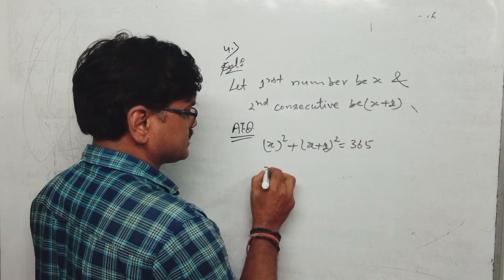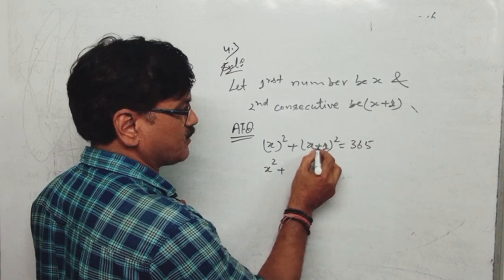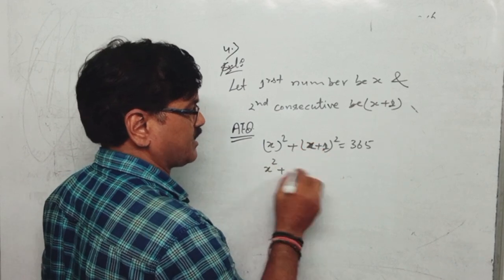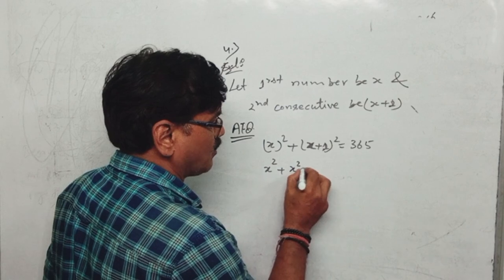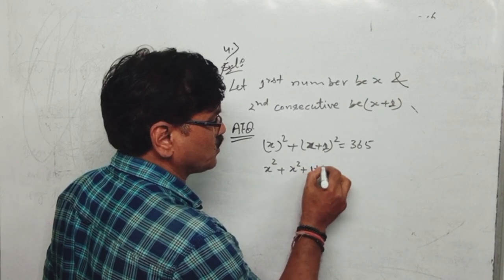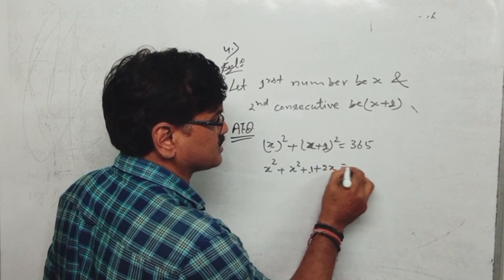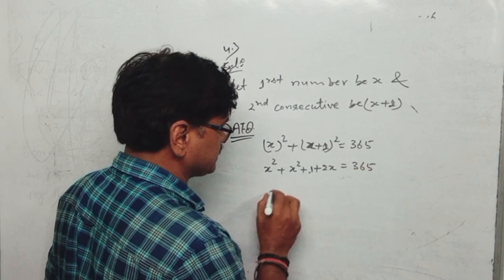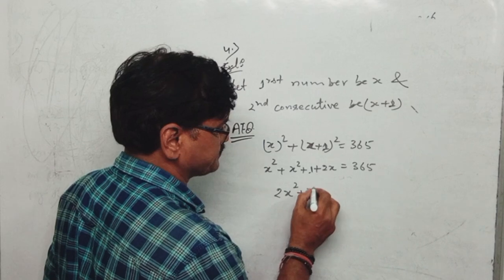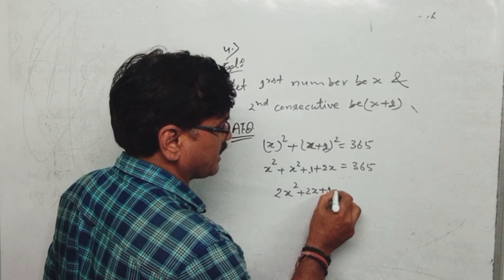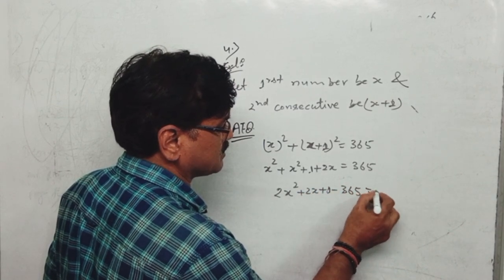Now you will write x square plus, we will open this with a plus b whole square, like a square plus b square plus 2ab. So a square means x square, 1 square means 1, and 2 into 1 into x means 2x, is equals to 365. Now it is 2x square plus 2x plus 1 minus 365 is equals to 0.